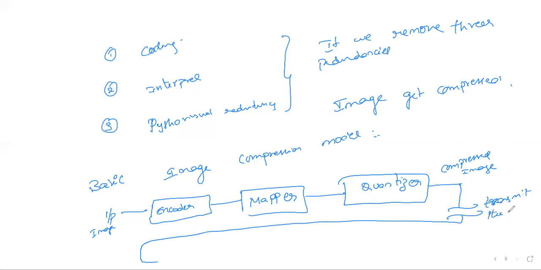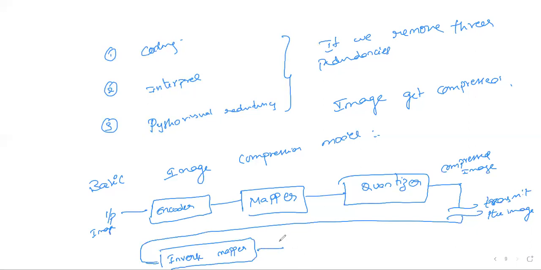After transmission, the receiver receives it and wants the original image. There is no reverse process for the quantizer, so we neglect it. For the mapper, the reverse process is the inverse mapper.